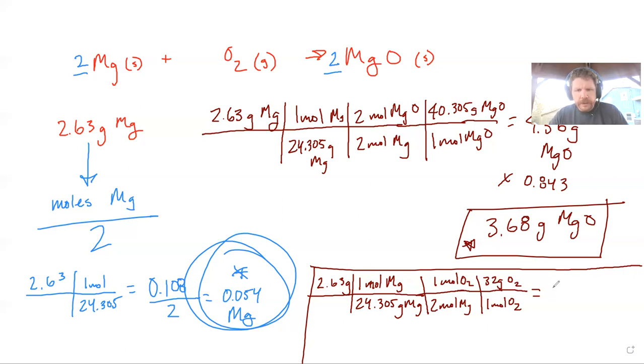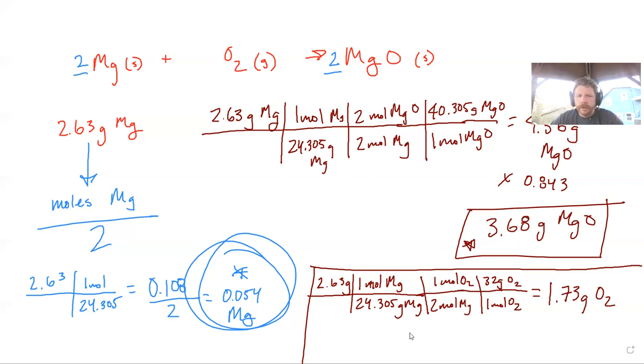So the 2.63 grams of magnesium reacted with 1.73 grams of O2. Now, that's not the answer to the question. This is kind of an involved question, but nevertheless, it's a really good practice question. What we need to look back on is how much O2 did we actually start with?